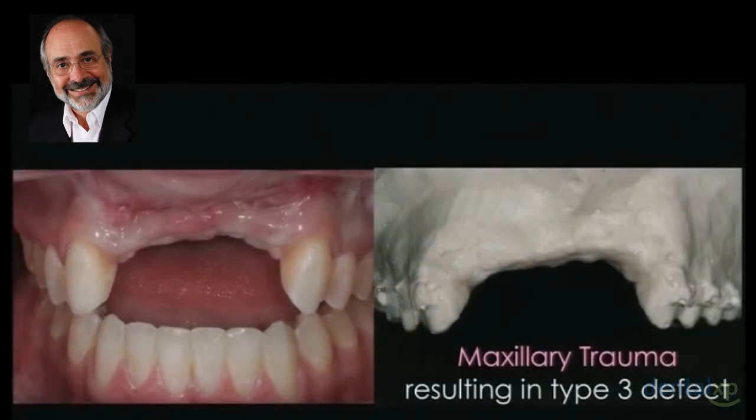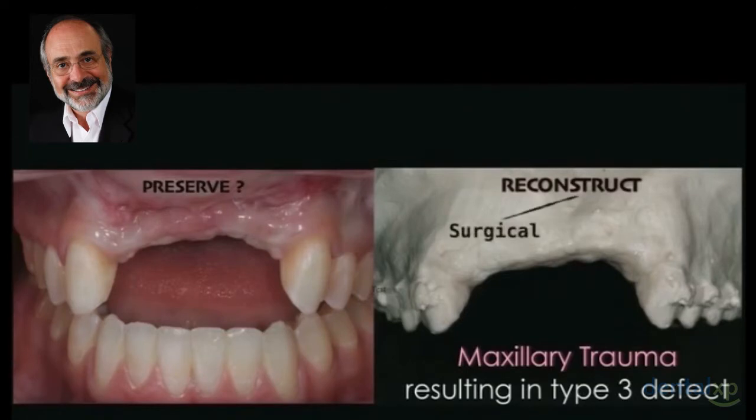So here's a kid who's had really some significant trauma. Do we preserve this? Obviously not. It's already complicated. So I've got to reconstruct this. We reconstruct it. First option is surgical. This is a big surgery. She's already had one hip graft. You want to do another on top of a scarred first hip graft and then try and get this tissue good.